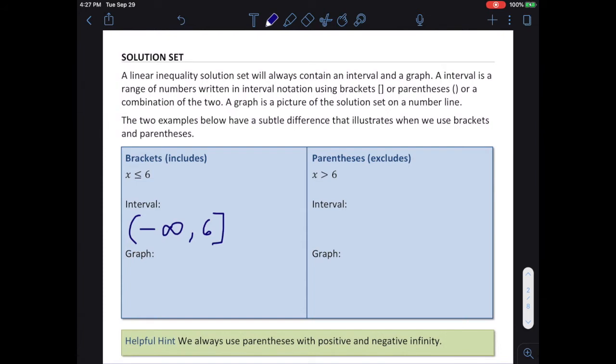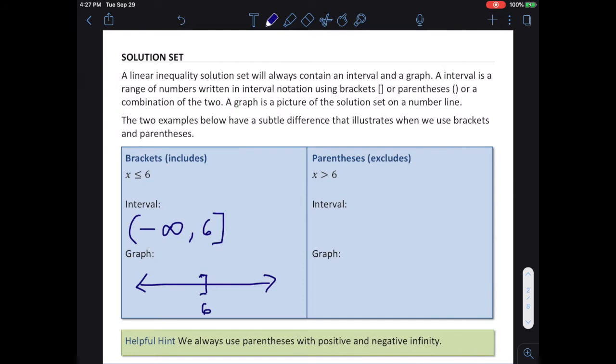Okay, if we're going to graph this, it's really straightforward to translate an interval into a graph. So we just simply draw a number line. And we only need one number on that number line in this case. So we just need the number 6. And I'm going to draw a little bracket right there. Whoops, that's not a very good one. There we go.